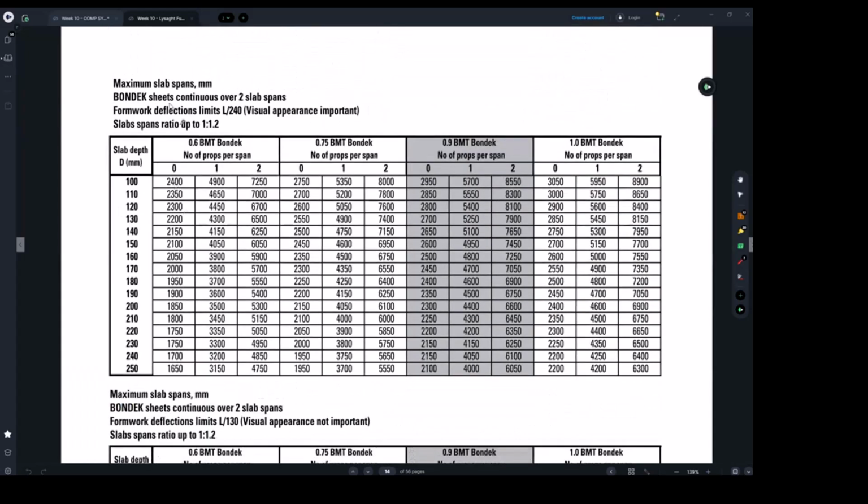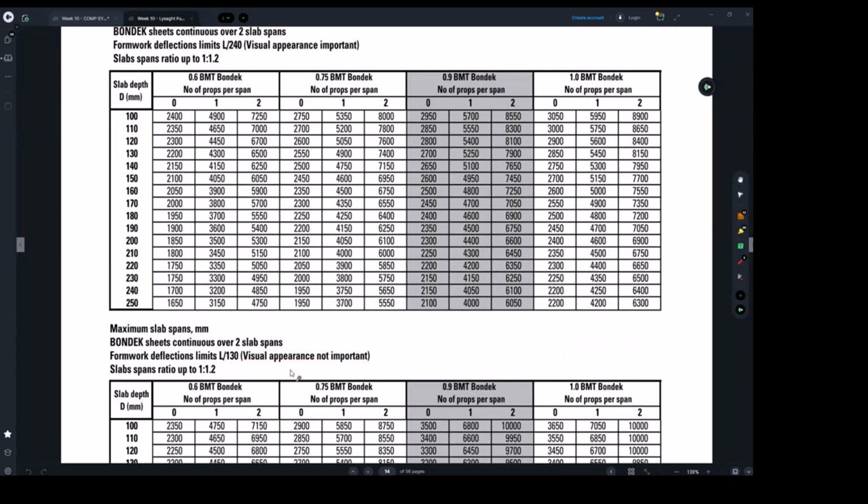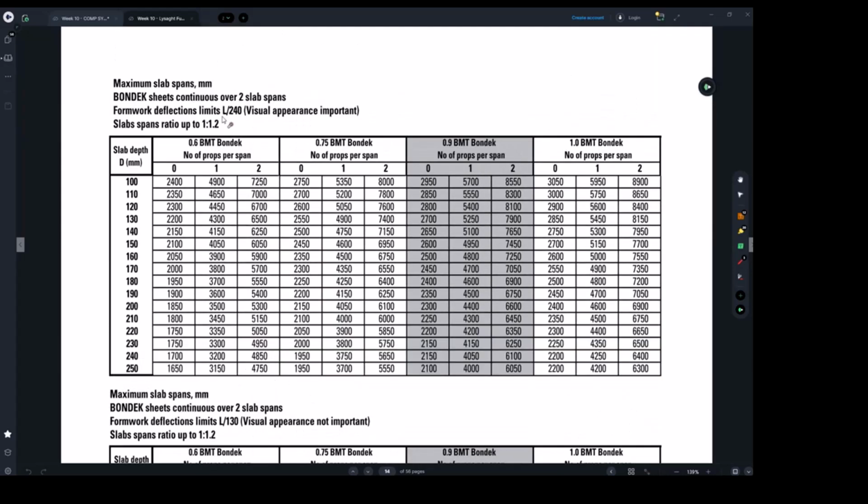Remember, we're going to talk about what's the difference between this table and that table. I just don't want to go beyond what we're talking about in our lecture. So is visual appearance important or not, because this one is going to be flatter and this one will sag more? Right, we will talk about this.